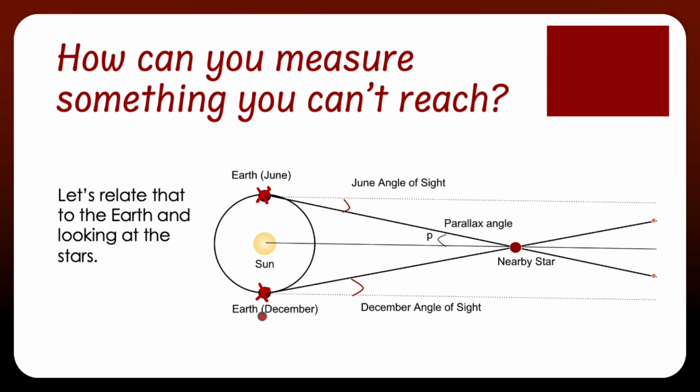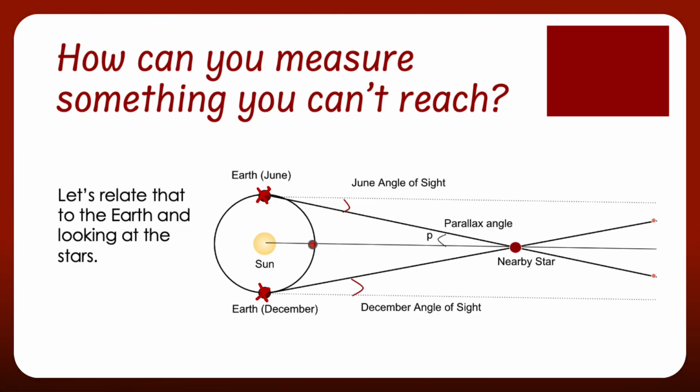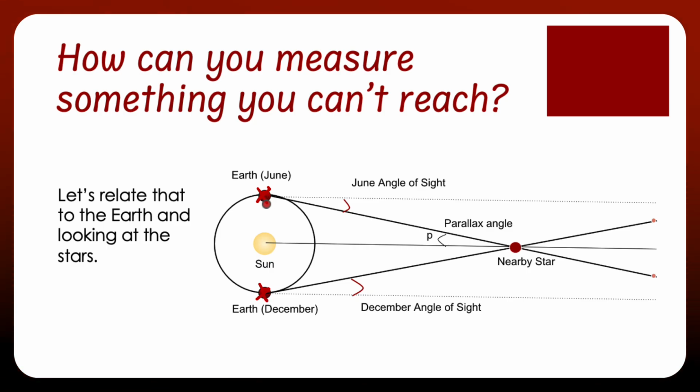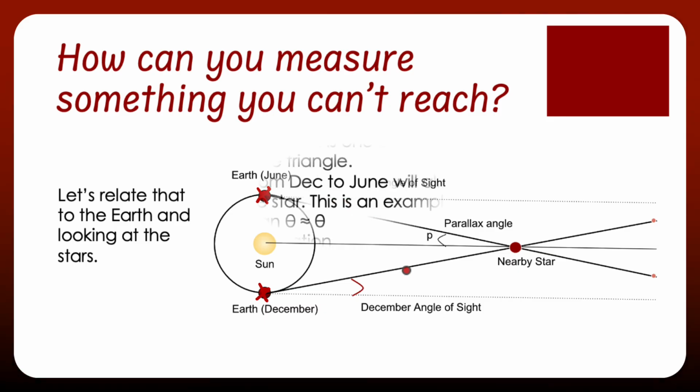Therefore, over here would be December. And I will get a parallax angle as measured from the center. So when I'm here, I think that I'm straight in front of my nearby star. When I'm over here, it looks like my star's to the left, or here, it looks like the star's to my right. And this parallax angle here from the center is going to be really important.